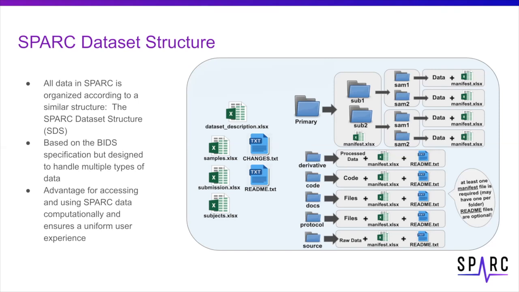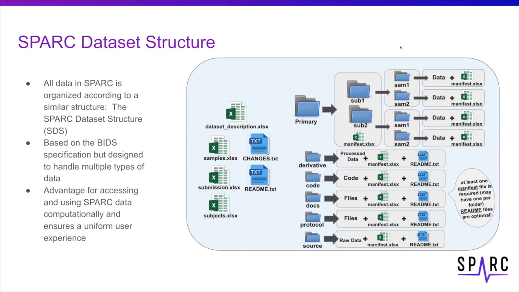So there's a tremendous advantage to organizing data according to this common framework, in that if you go to a SPARC data set, everything is organized in a similar way. That means it's easier to write tools against it and also ensures a uniform user experience.